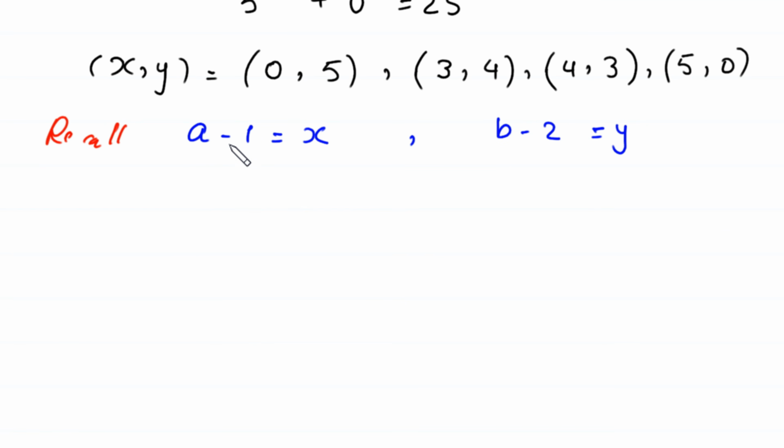Now from this equation, if we move this negative 1 to the right hand side, then a will be equal to x plus 1. And from this equation, if we move this negative 2 to the right hand side, then b will be equal to y plus 2.